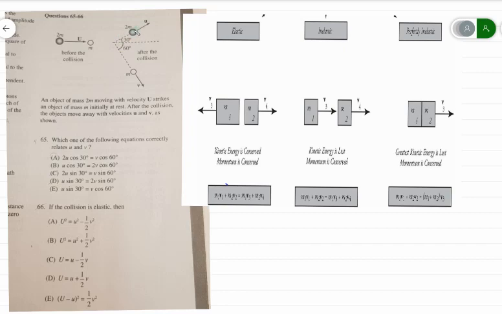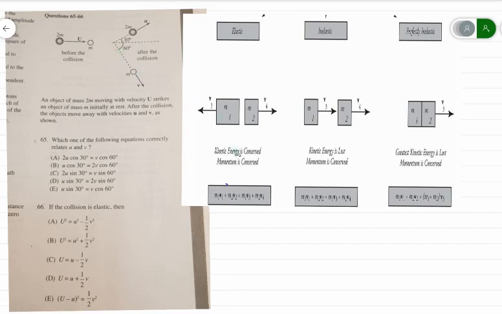After the collision, the object moves in this direction, no more in the horizontal direction. This object also moves in a non-horizontal direction. In other words, they have components horizontally, so you convert this into a vertical component and a horizontal component. Similarly here, you can break down into vertical and horizontal components.